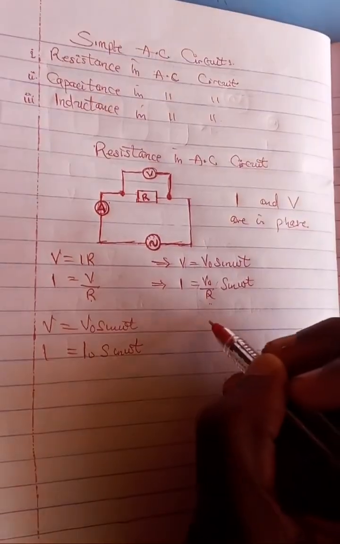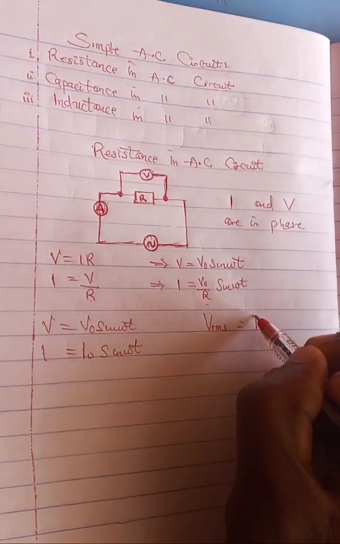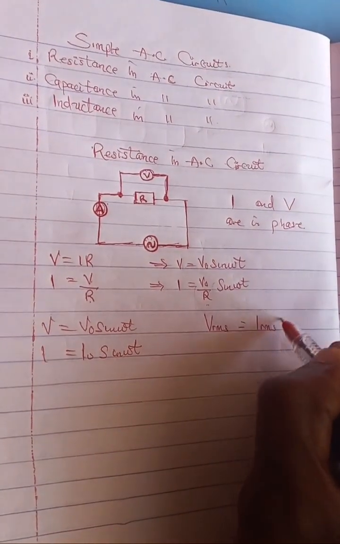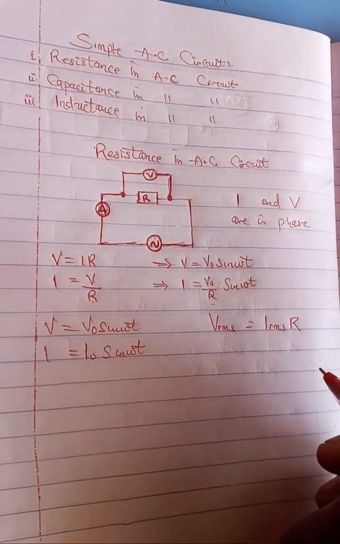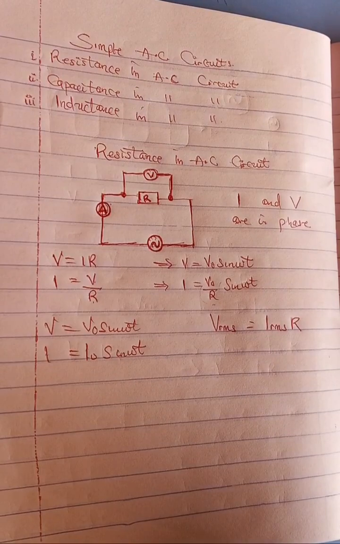Similarly, the Vrms value is equal to Irms times resistance. So this is what we have for a resistor in an AC circuit.